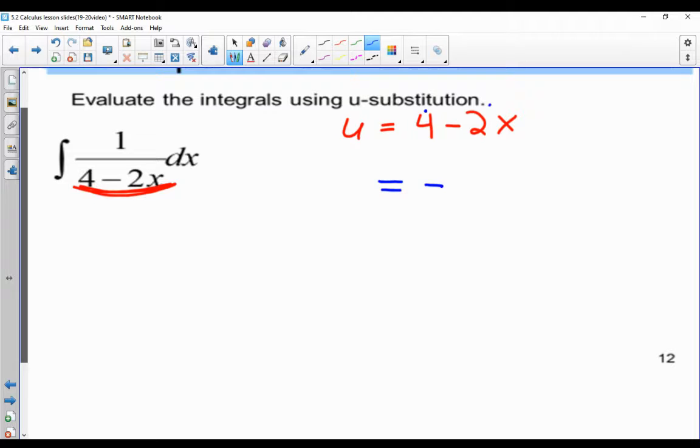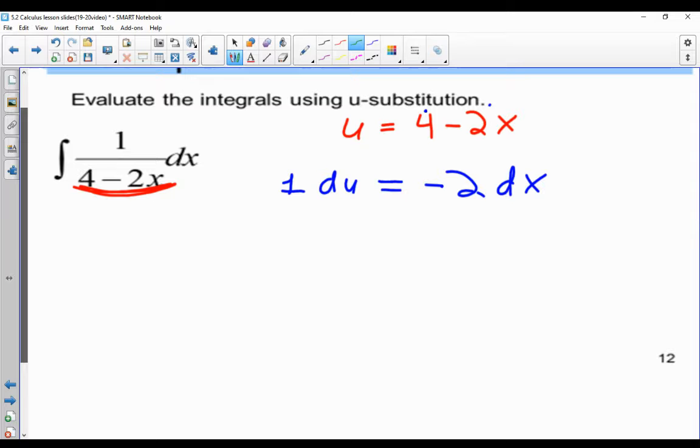The derivative of negative 2x is negative 2, not positive 2. And then label that as dx. On this side, the derivative of u is just 1, and then, of course, label that as du. The derivative of u is on the left, the derivative of x is on the right. I'm going to keep that 1 there for now.